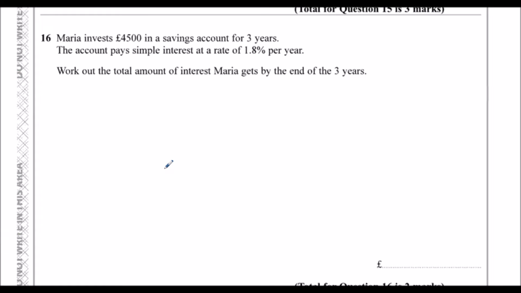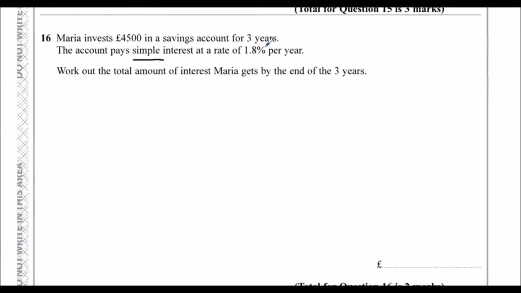Maria invests £4,500 in a savings account for 3 years. The account pays simple interest at a rate of 1.8% per year. Work out the total amount of interest Maria gets by the end of the 3 years. So she's getting 1.8% each year.